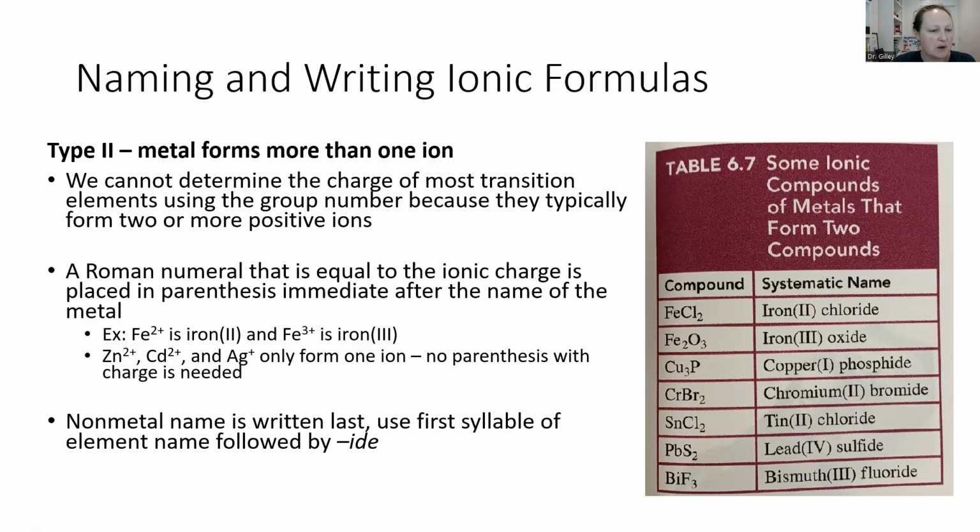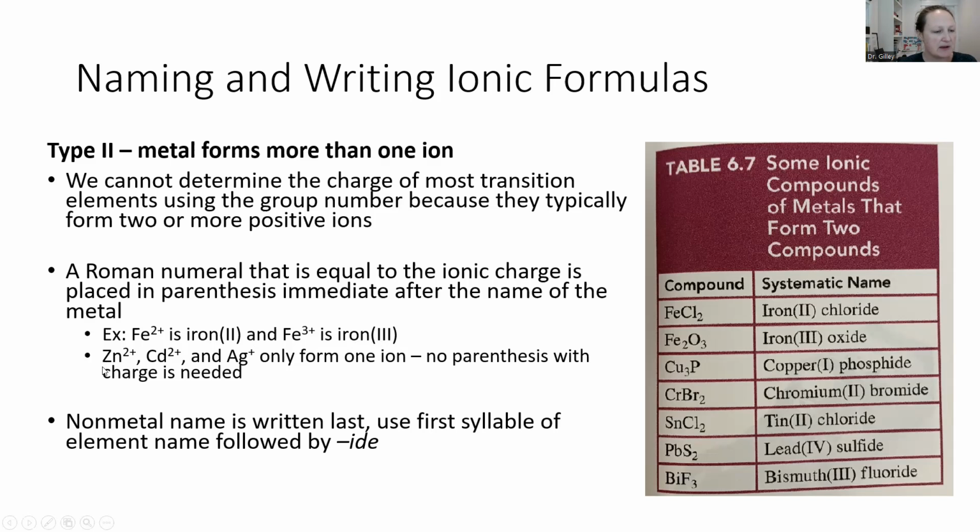So a Roman numeral that is equal to the charge is placed in parentheses after the name of the metal. And again, the name of the metal is still the same as the element name. So for example, iron 2+ is iron 2. Iron 3+ is written as iron Roman numeral 3 with parentheses around it.